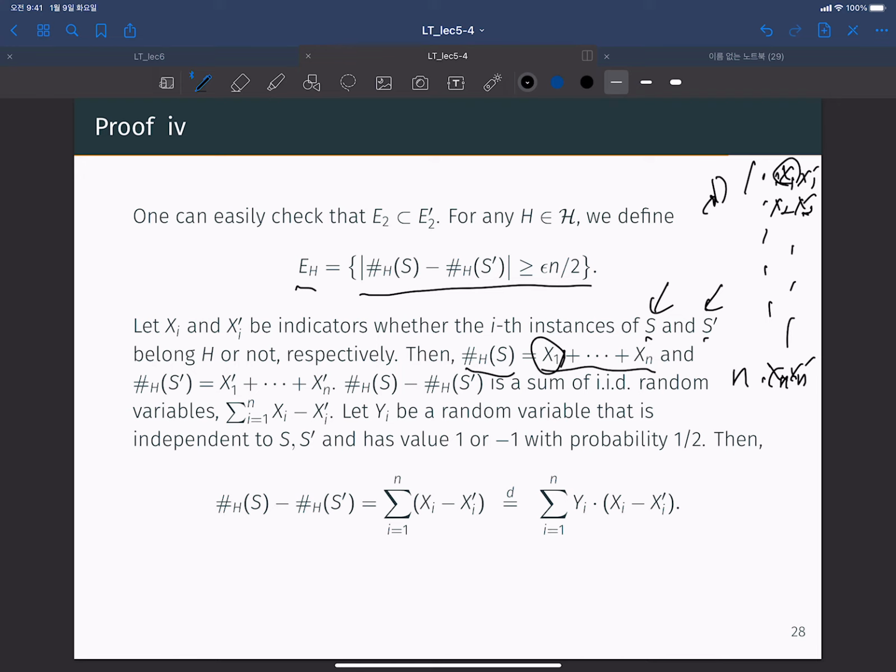And each random variable is indeed a Bernoulli random variable with parameter p, from the definition of p. So we can think of the difference between the number of positive samples of S and of S prime as a sum of IID random variables like this, xi minus xi prime.